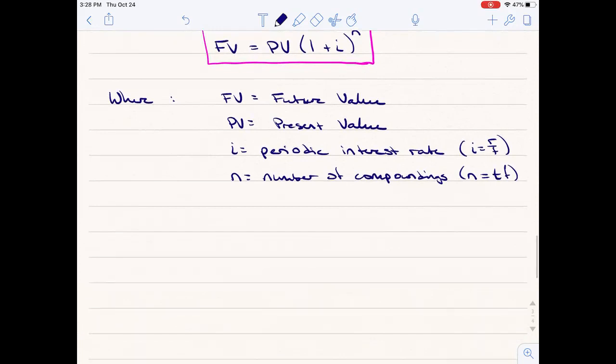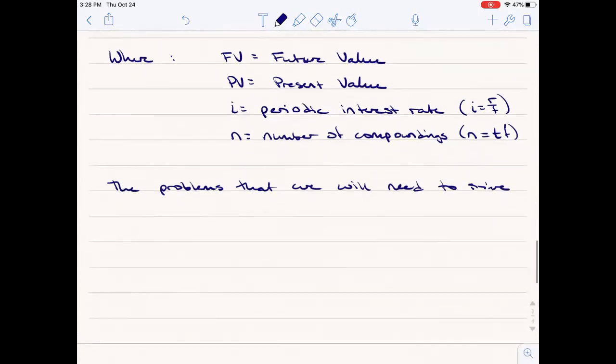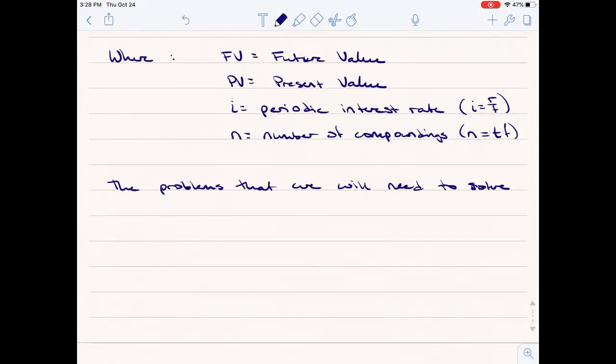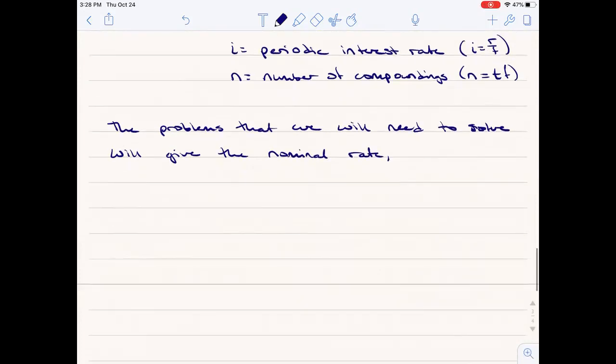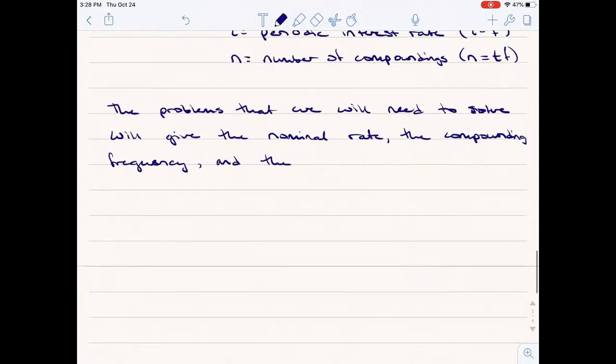The problems that we will need to solve will give the nominal rate, that annual interest rate, the compounding frequency, and the time in years.